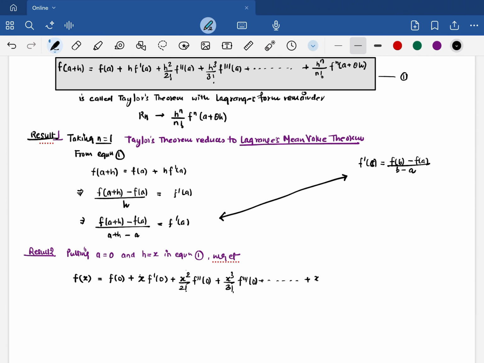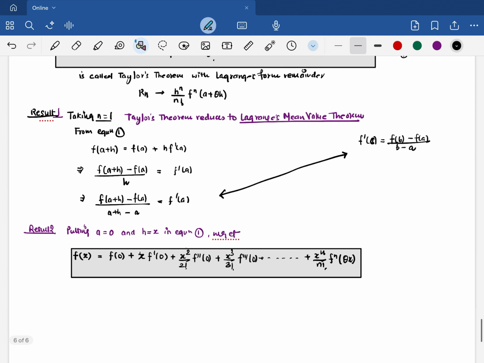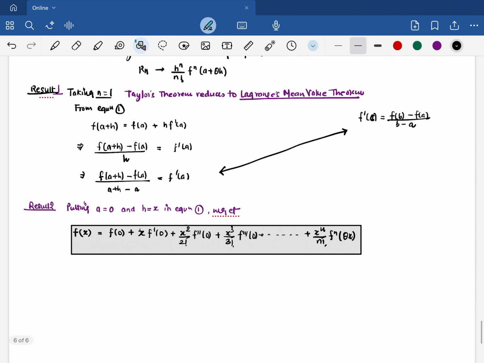The last term will be x to the n divided by n factorial, f n of theta x. And the last term is called the Maclaurin form of remainder, in the same way as Lagrange's form of remainder. So this is called Maclaurin's theorem with Lagrange's form of remainder.